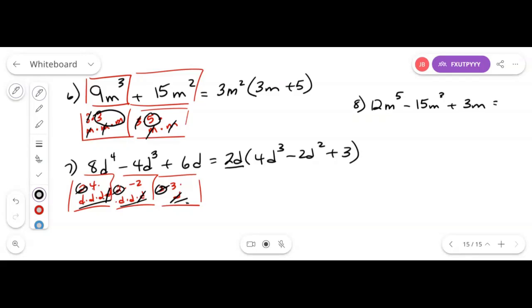Got to think about those variables as being flowers. Numbers, you got to think about, okay. Yes, that's a cubed, I'm sorry. You've got to think about what number goes into 12 and 15 and into 3.